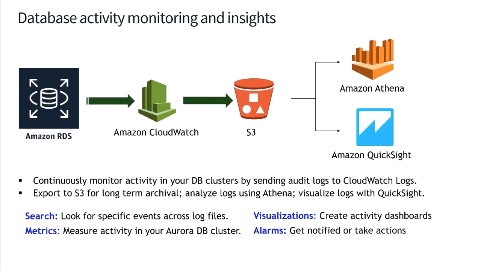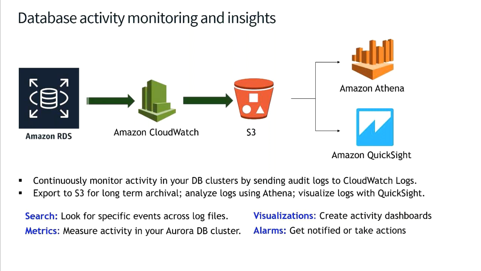Other ways to monitor database activity would be to export all of this CloudWatch data as an object, for example, here in Amazon S3, and then query all of that data using query tools. So Amazon Athena and QuickSight are two examples of AWS services that allow you to query data in S3, but you could basically use any tool of your choice.